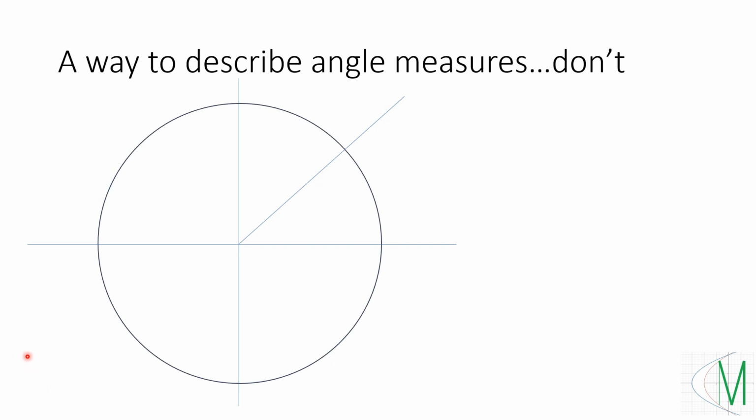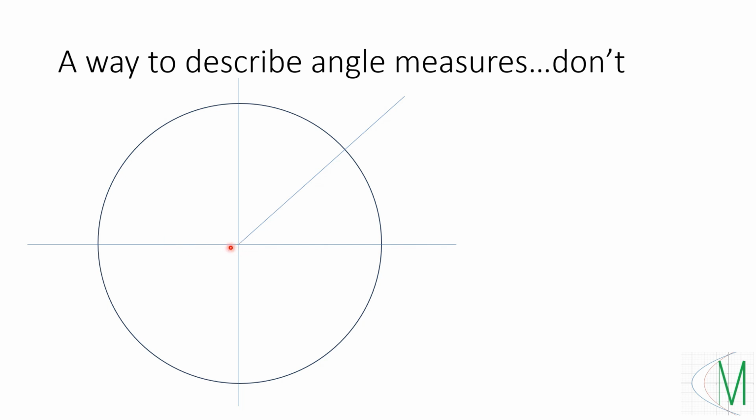And I'm going to put a circle around that. Now notice everything is focused here at the center of this circle. I have the angle, this is my original angle. I have the origin, where the two axes meet, which is the center of the circle.